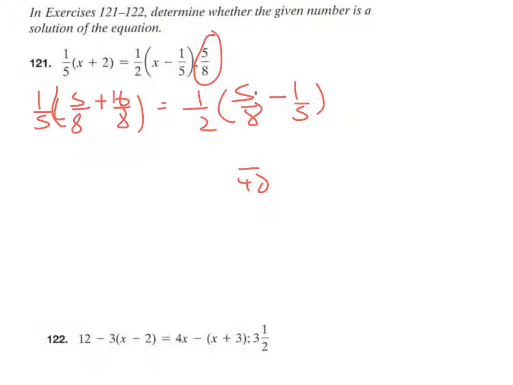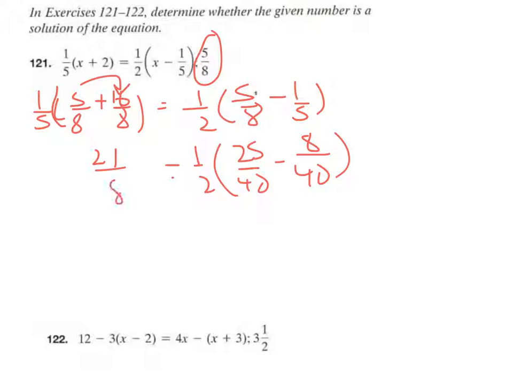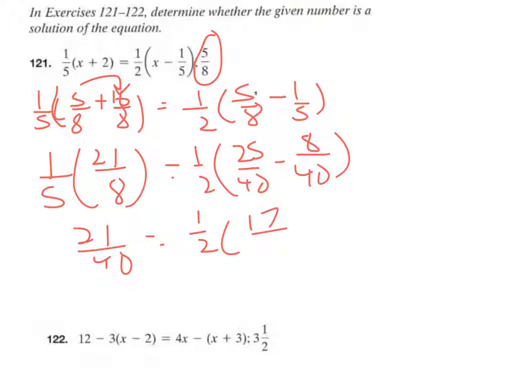And when I do that, this becomes 25. This becomes 8. Now that I have all numbers, I can add the 5 and the 16, which gives me 21 over 8 times 1/5, which ends up being 21 over 40. And then when I subtract this problem, I get 17 over 40.